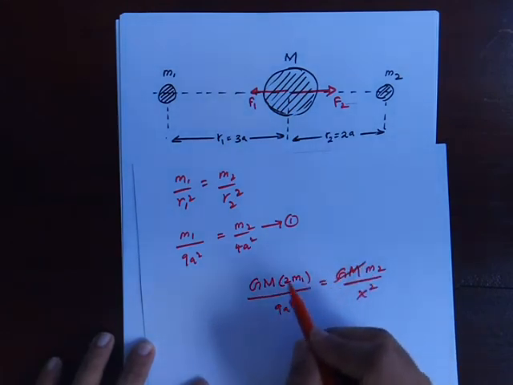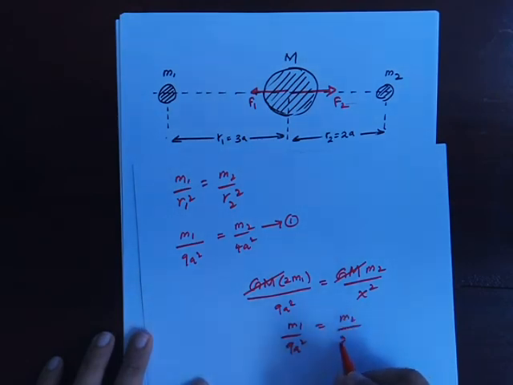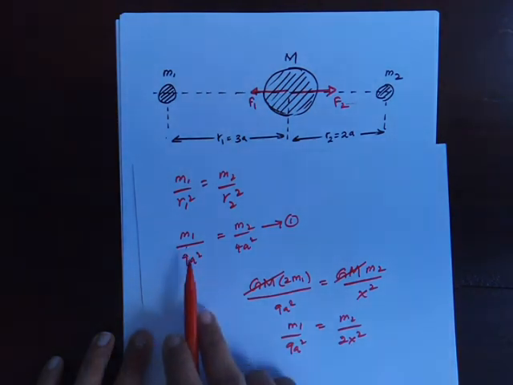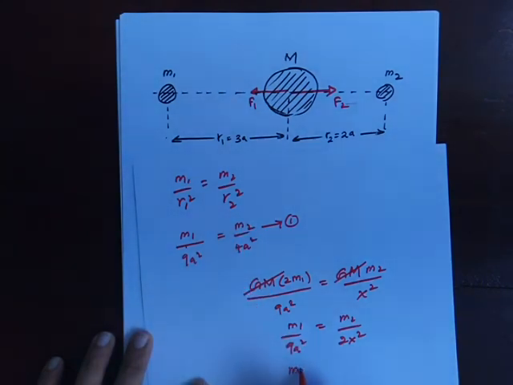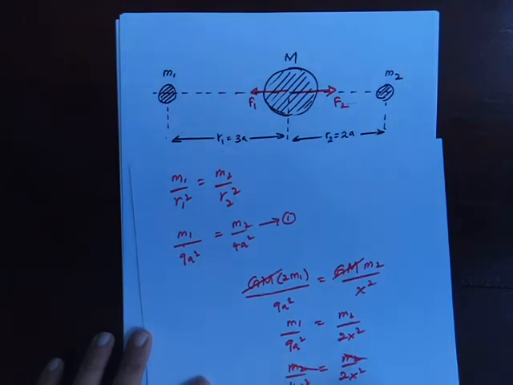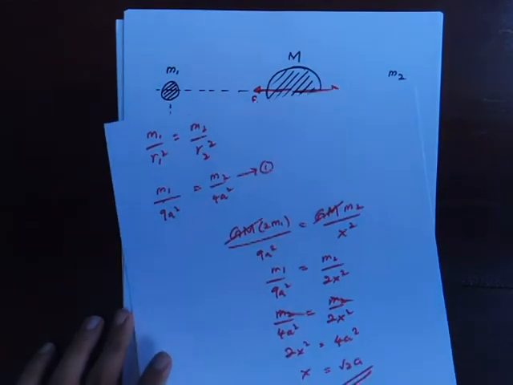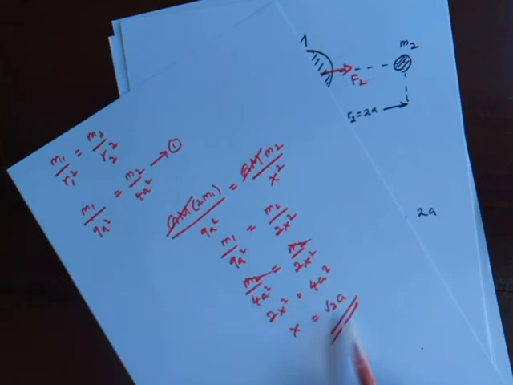Again G M cancels off, so I get M1 over 9a squared is equal to M2 over 2x squared. From equation 1, I can substitute M1 over 9a squared with M2 over 4a squared, so M2 over 4a squared is equal to M2 over 2x squared. M2 cancels off, so 2x squared is equal to 4a squared. Therefore x is equal to root 2a. That's the new distance between mass m and mass M2.